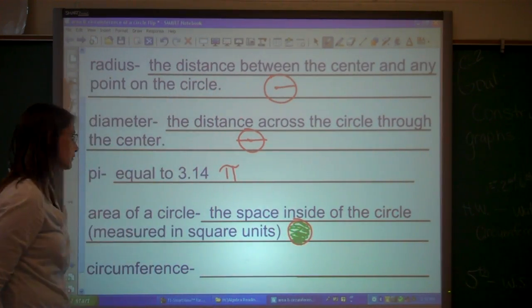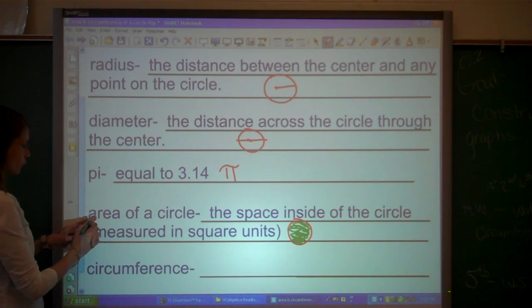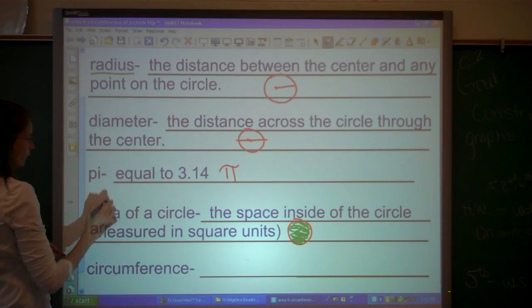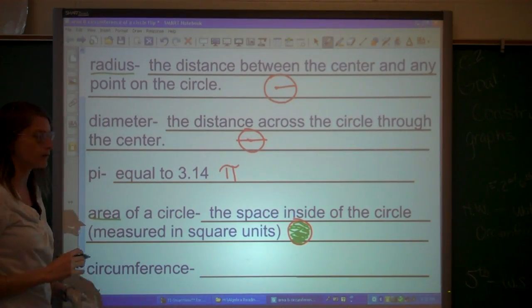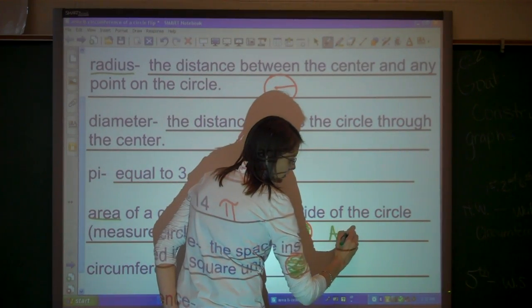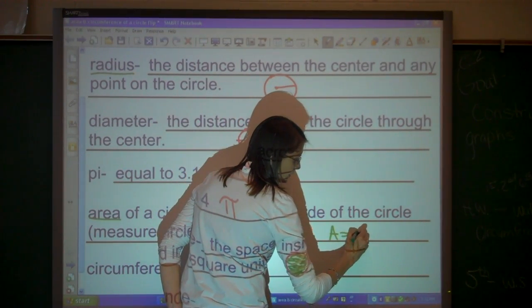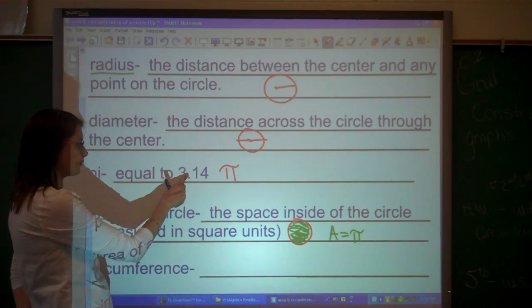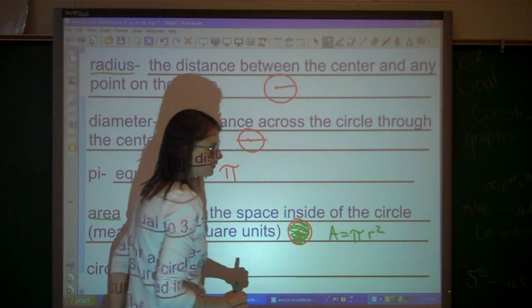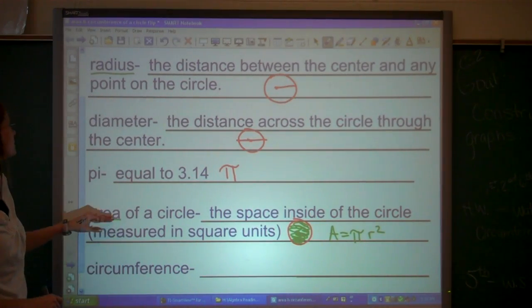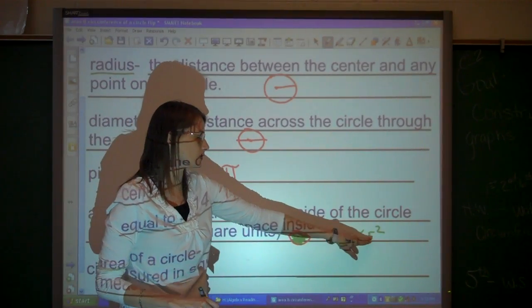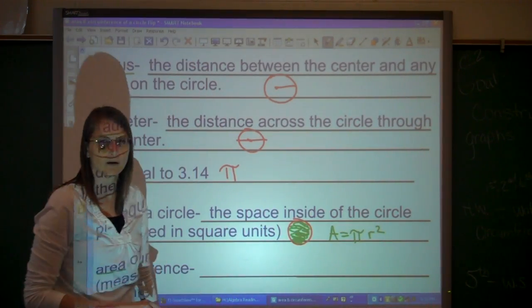To find the area of the circle, area equals pi, which is 3.14, times radius squared. I remember that because radius and area are both small words, and since the radius is squared, small, I need to square it.